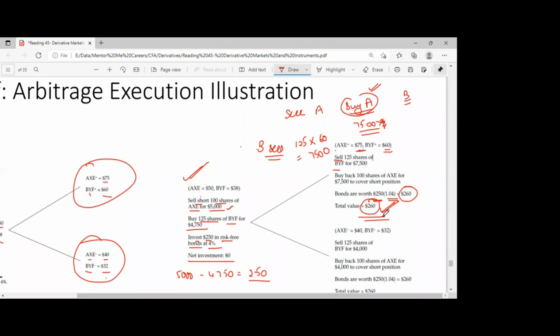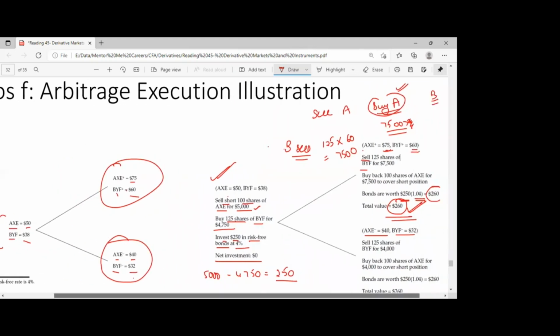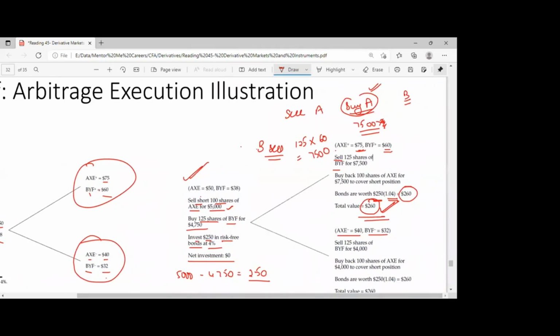Now the other possibility was that the prices may go down. Now let's see what will happen if the prices go down. If the prices start to go down, A company share will be now 40 and B company share will be now 32. अभी हमने क्या किया था, A को सेल करा था, किस प्राइस पे, हमने A को सेल किया था 50 पे, राइट, जो उसकी इनिशियल प्राइस थी, दैट वाज 50. तो हमने A को सेल किया था 50 पे. नाउ वी हैव टू बाय इट, वी विल बी बाइंग इट एट द न्यू प्राइस which is 40, right?